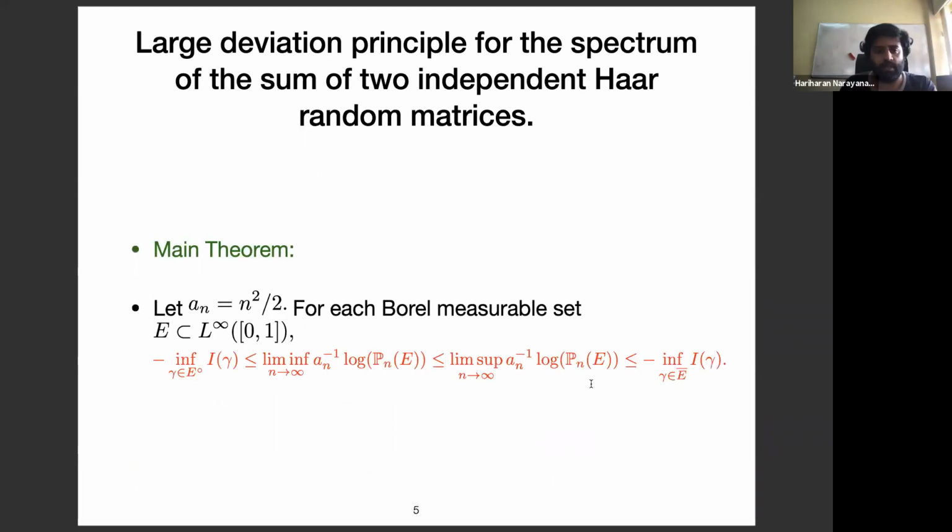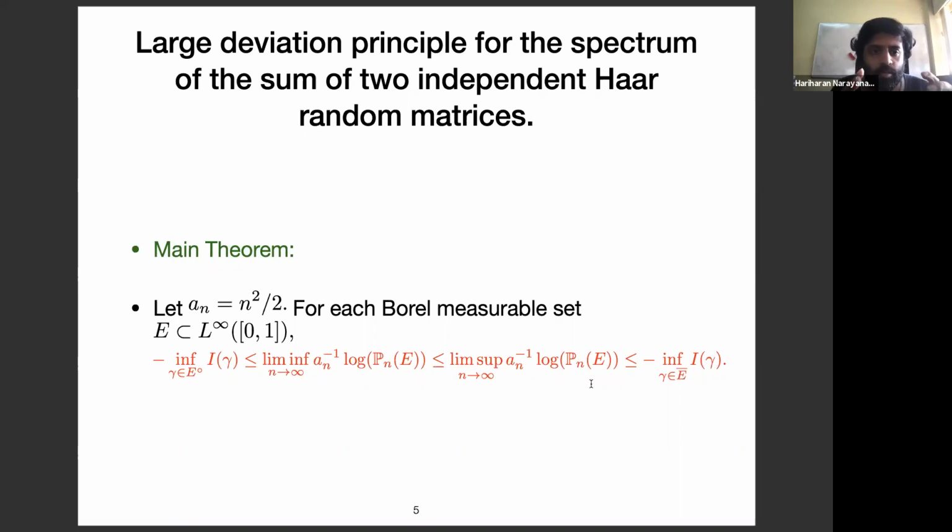So this is the main theorem. The main theorem is if you have this rate function, which I've taken to be n squared by 2, you could take it to be n squared, that's fine, as long as you correct it for it later. So for every Borel measurable set E in L infinity 0, 1, so what we're doing is we're taking some subset of the possible concave functions that you can get on this pink diagonal.